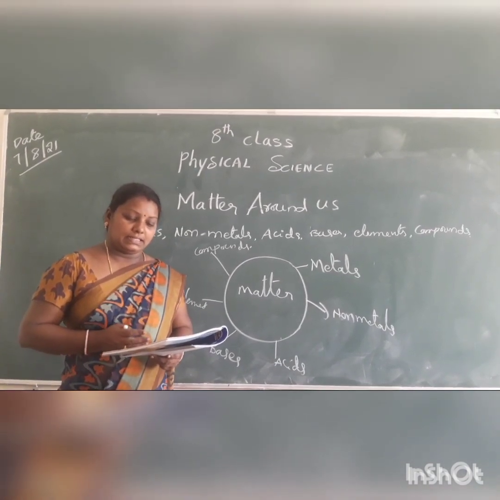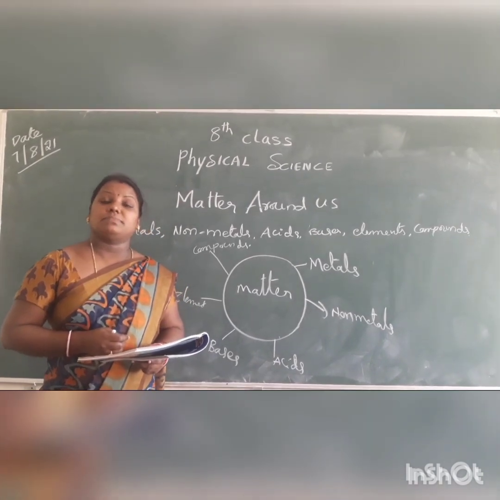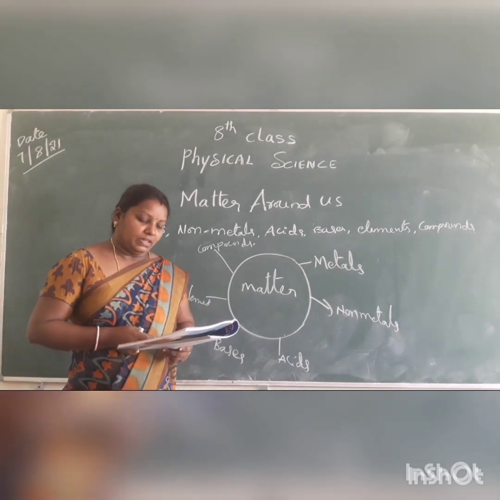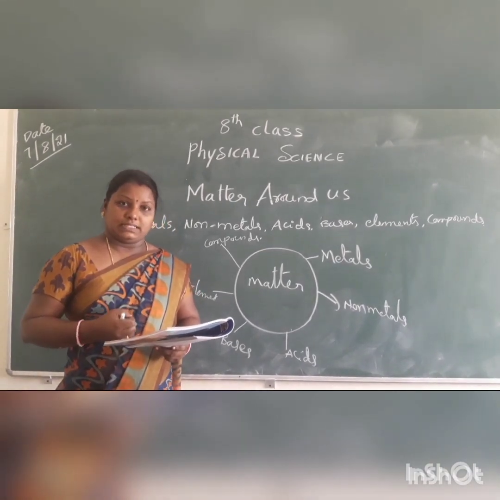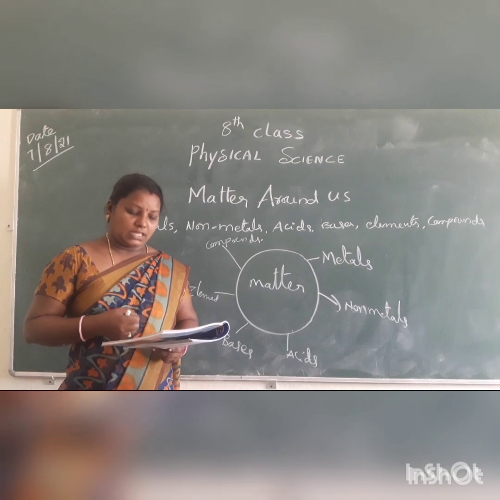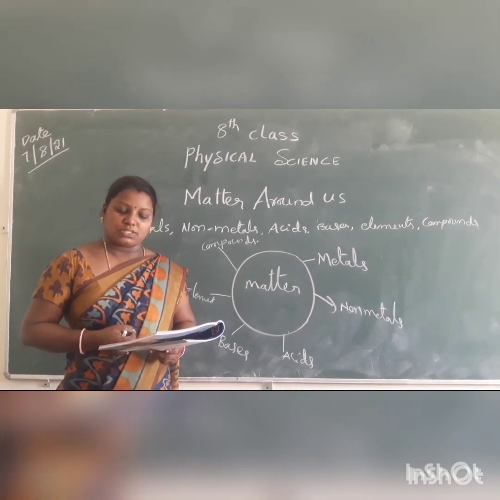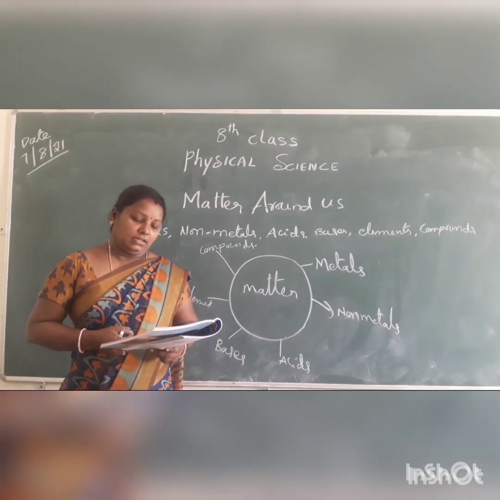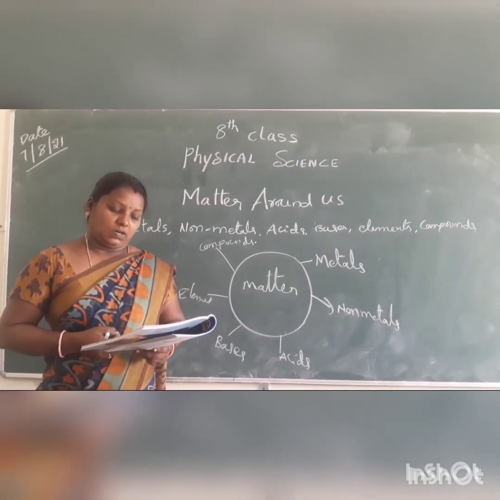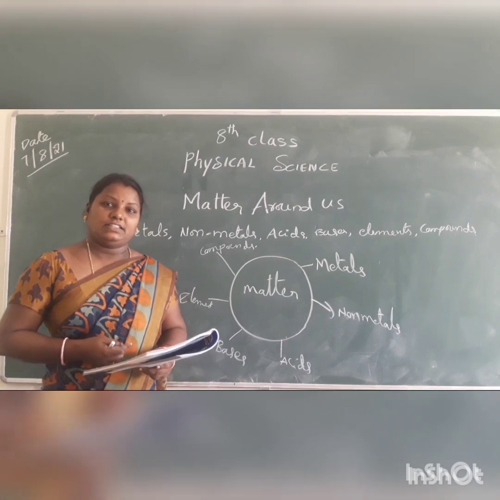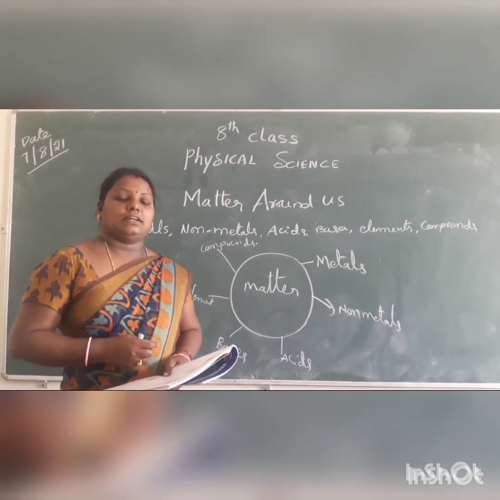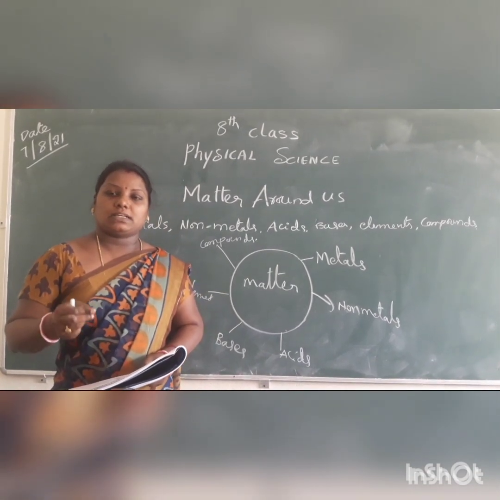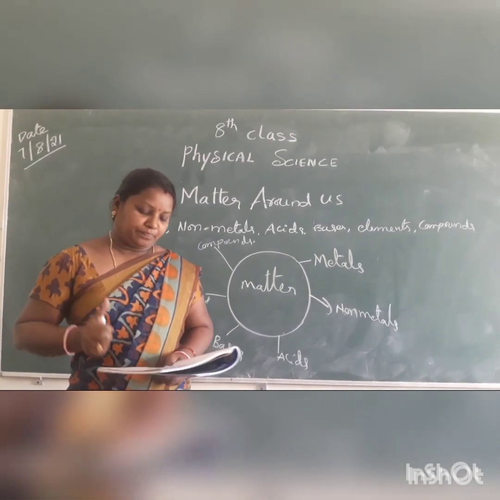For example, synthetic fibers, natural fibers, metals and non-metals, acids, bases, etc. And the water we drink, our food, clothes and various things that we use in our day-to-day life. The air we breathe, even our body, etc., are examples of matter. In the universe, every object consists of matter.